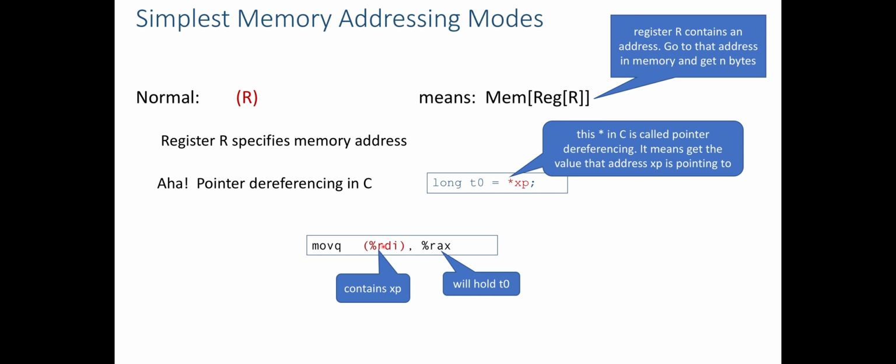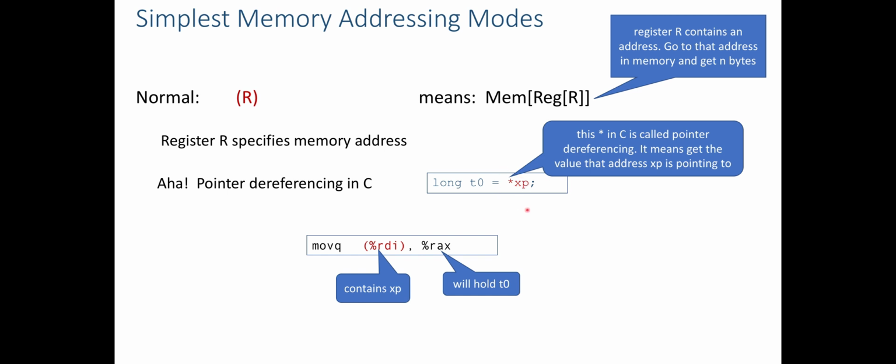So here RDI contained XP, and then after this instruction is executed, RAX holds the value that was in memory. So it's akin to having T0 in the RAX register. And this type of memory addressing is how we do this pointer dereferencing.